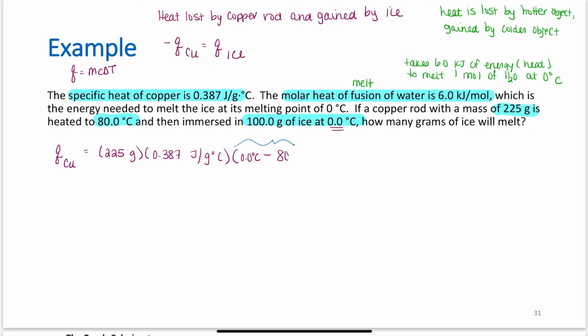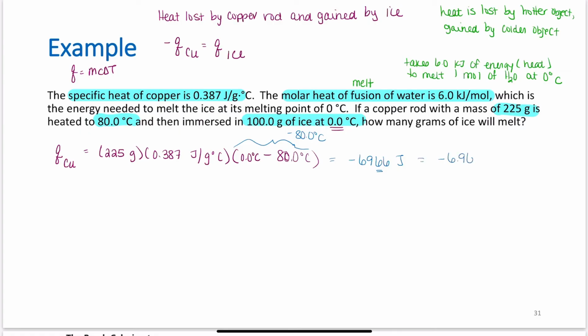This does have an extra sig fig on it, yes. This should be 80.0 degrees C. This is negative 80.0 degrees C, so I keep my 3 sig figs. This gives me 6966 joules. I'm going to underline the 6. I technically have 3 sig figs here, but I don't want to round off there.